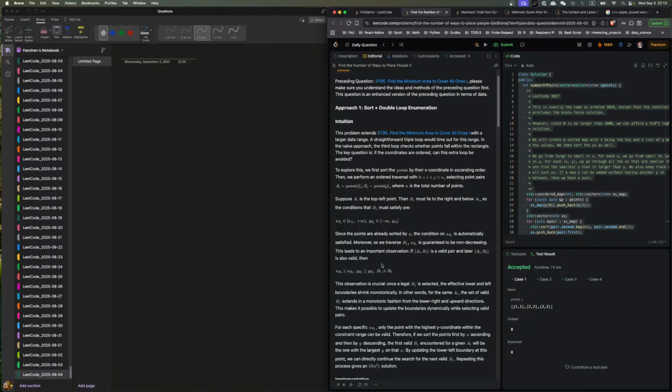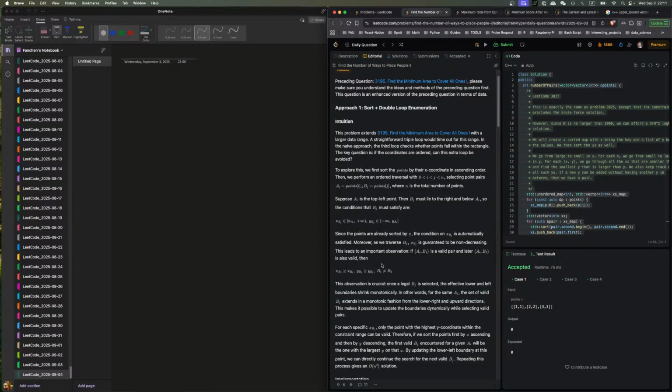So for each specific x of bj, only the point with the highest y coordinate within the constraint range can be valid.